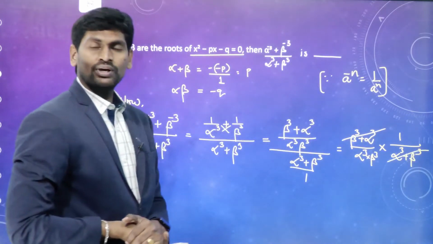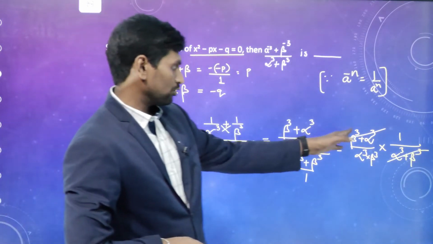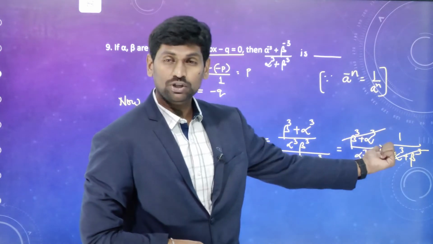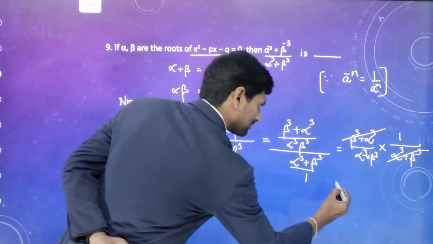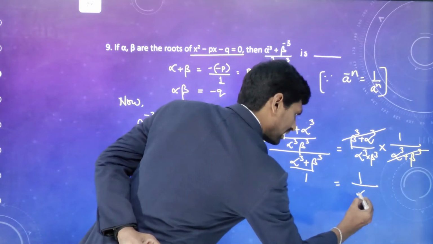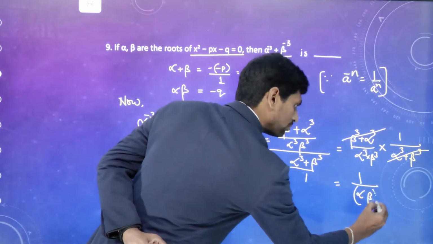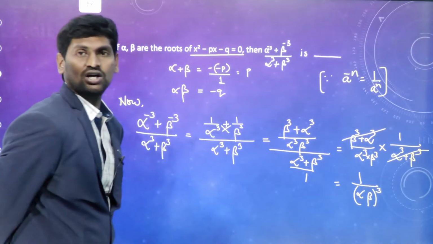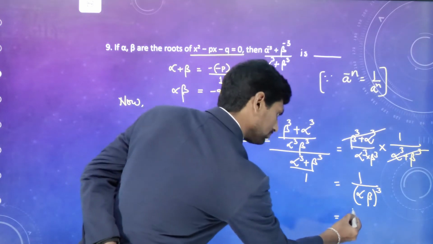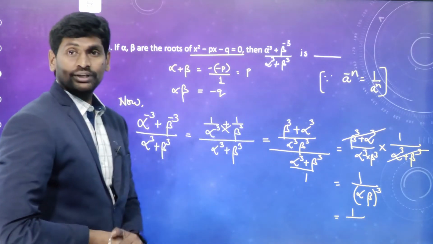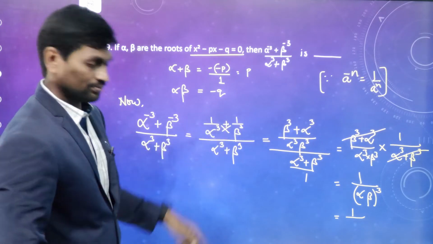Now observe, numerator and denominator both are same. Alpha cube plus beta cube or beta cube plus alpha cube, both are same. So I can cancel, and the remaining term is 1 by alpha cube into beta cube. I can write alpha into beta whole cube. What is alpha into beta value? Minus q.